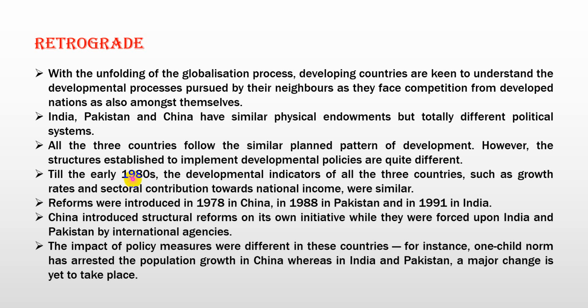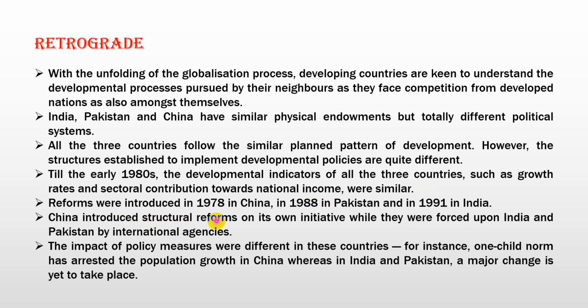Till the early 1980s, the developmental indicators of all the three countries, such as growth rates and sectoral contribution towards national income, were similar. Reforms were introduced in 1978 in China, in 1988 in Pakistan, and in 1991 in India. The Pakistan reforms were made in 1988, not 1986, it is 1988.